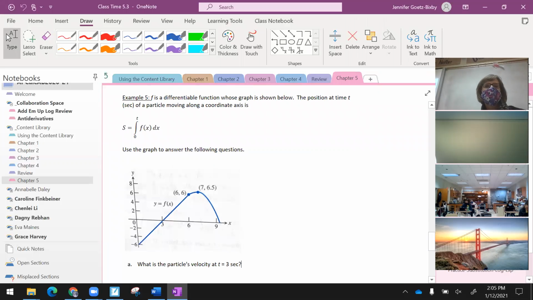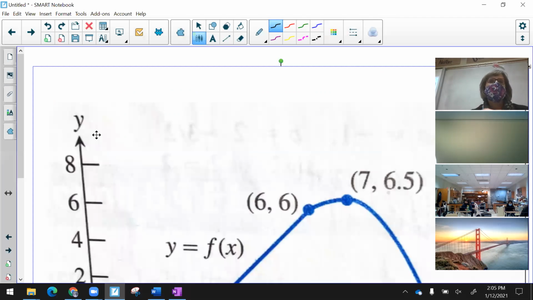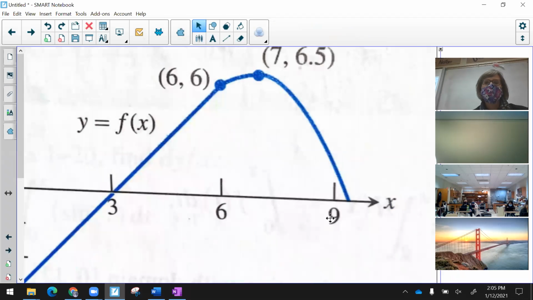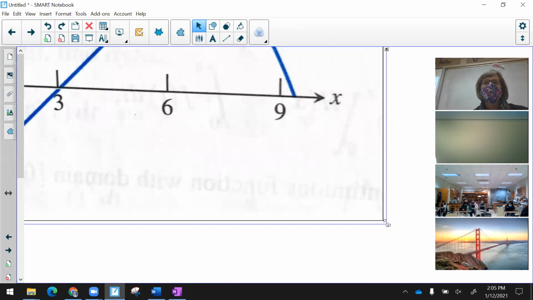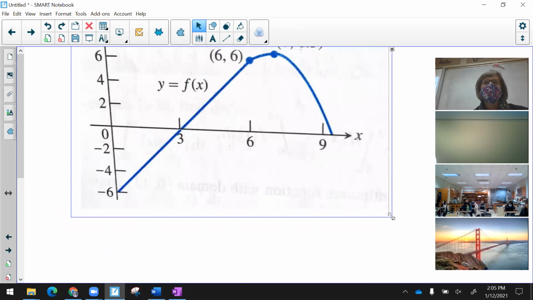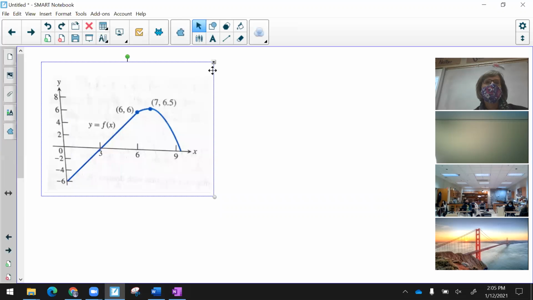is this one. f is a differentiable function whose graph is given below. So I'm just going to copy my graph into here and make it smaller, so that I can see it.